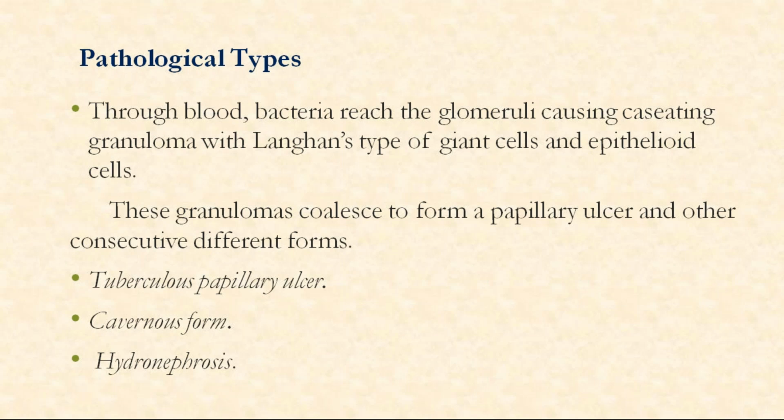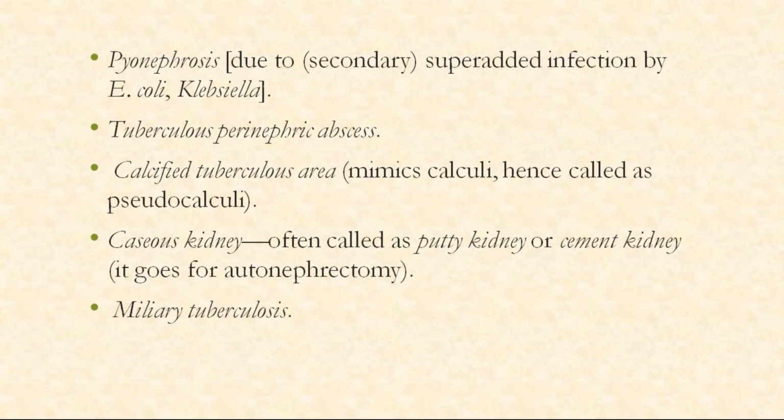See, tuberculous cavernous, hydronephrosis, tuberculous papillary ulcer, pyonephrosis, tuberculous perinephric abscess, calcified tuberculous area, caseation of the kidney, and miliary tuberculosis. These are all the pathological changes that take place in tuberculosis of the kidney.